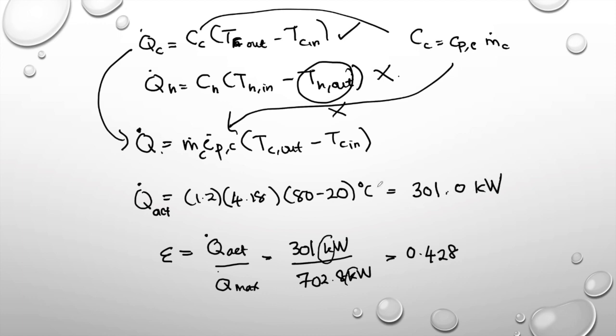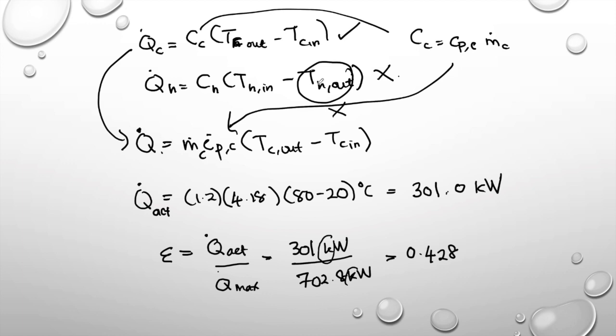So from here, you can equate it with Q dot hot, where you can find the T H out. Then we have all the temperatures in our heat exchanger problem, so we can use delta T log mean to determine the area AS.